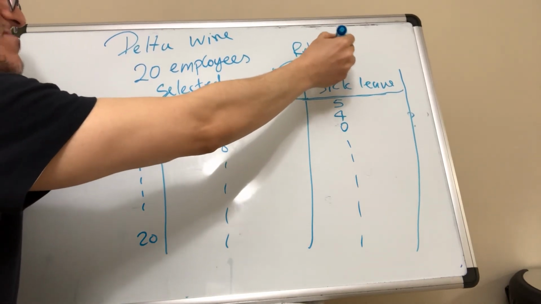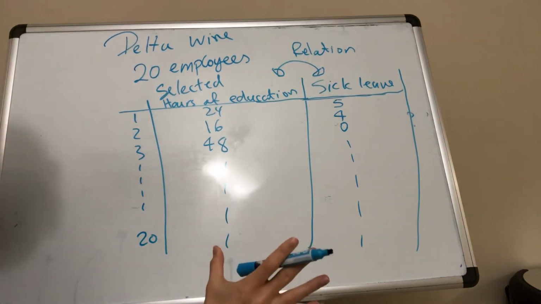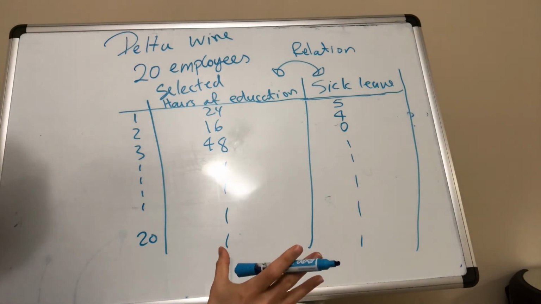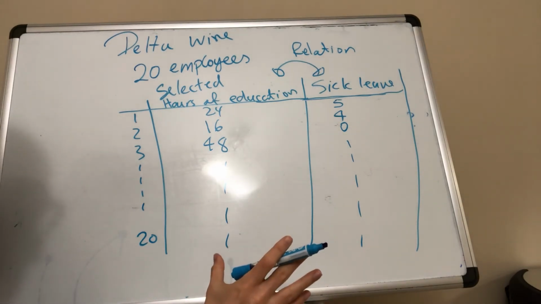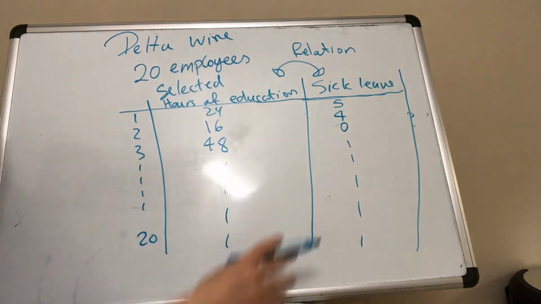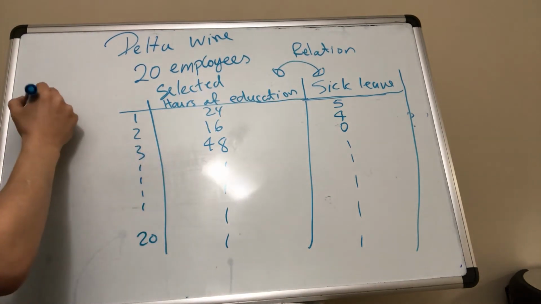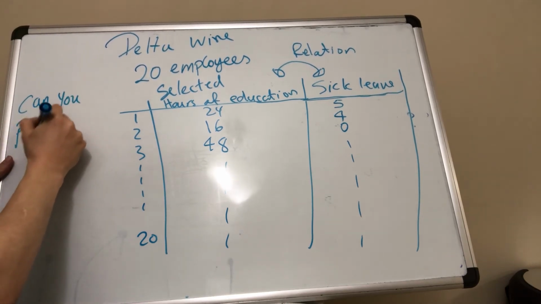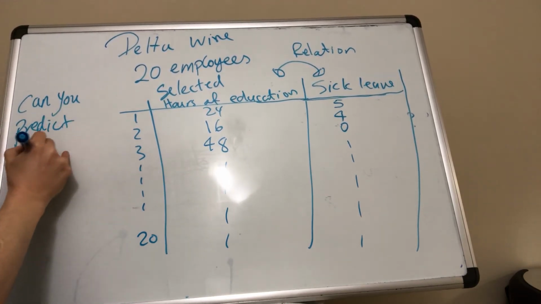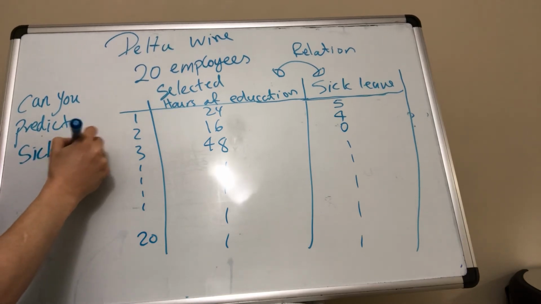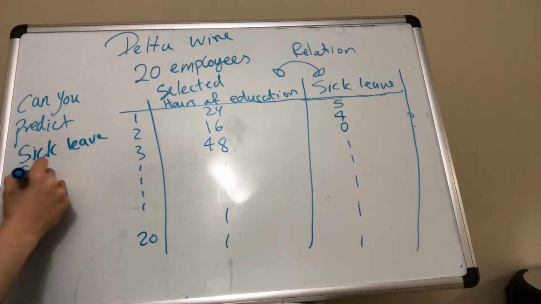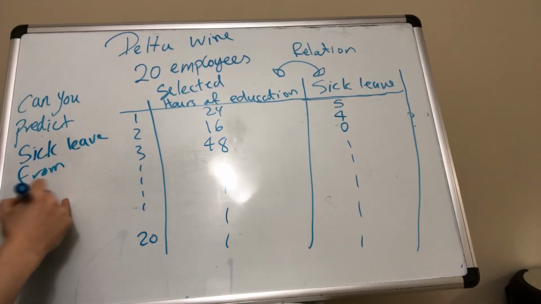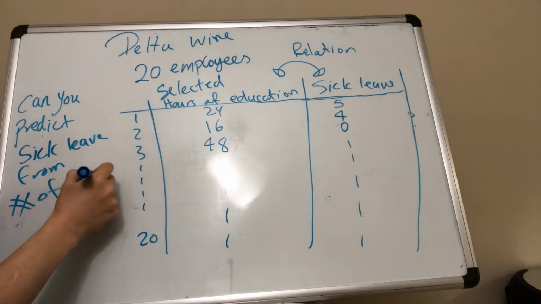Similar to what I talked about in terms of GPA and number of hours. So is there a relationship? And also, can you predict sick leave from number of hours?